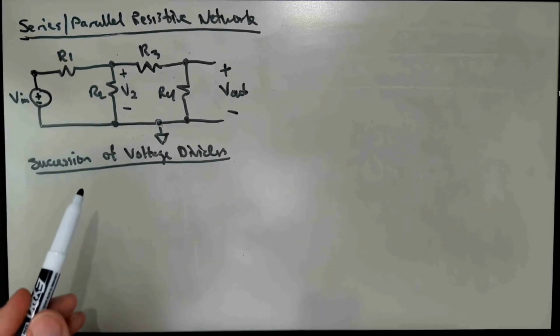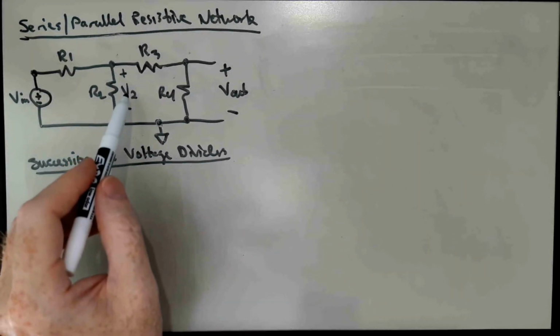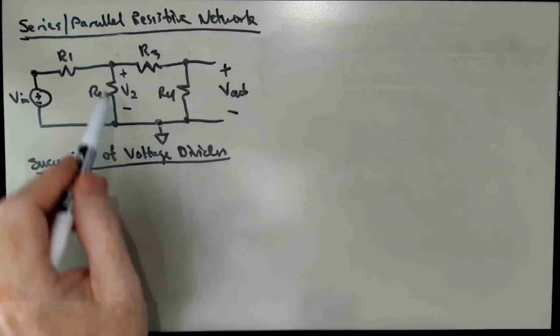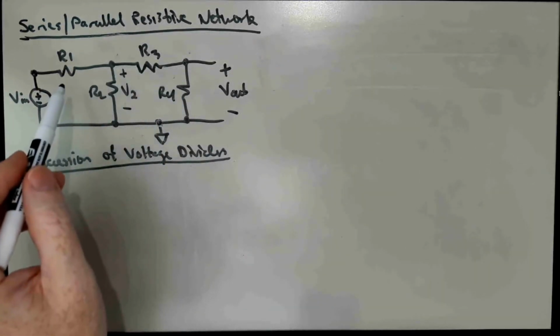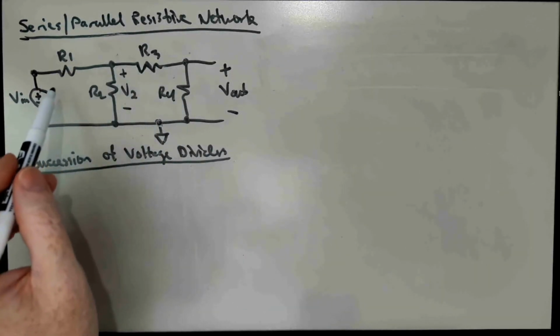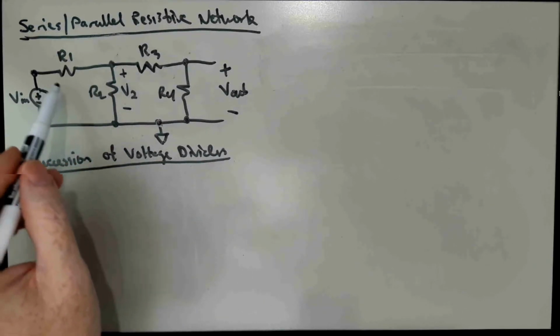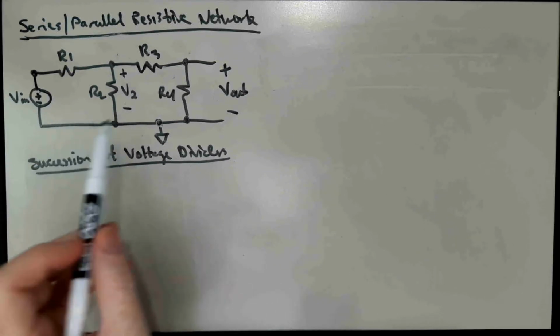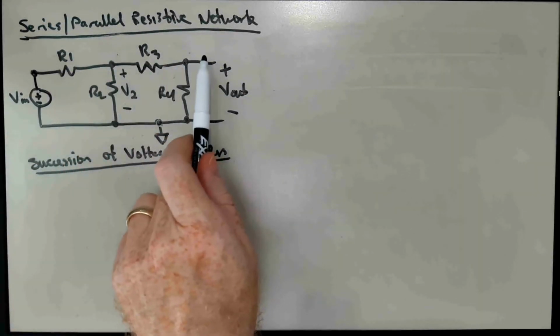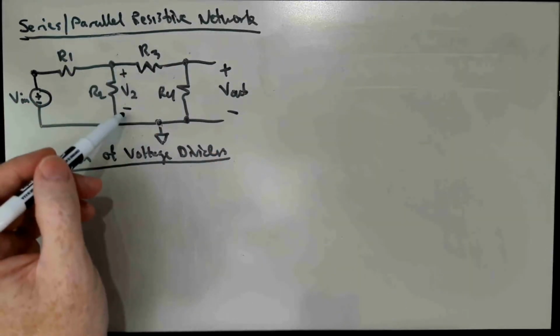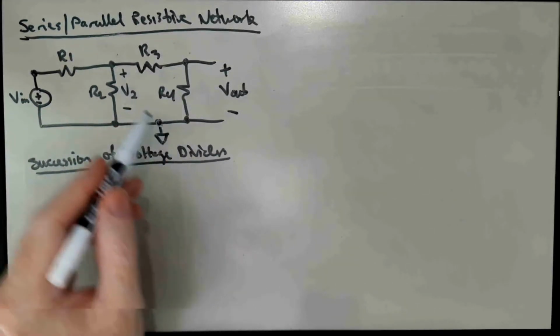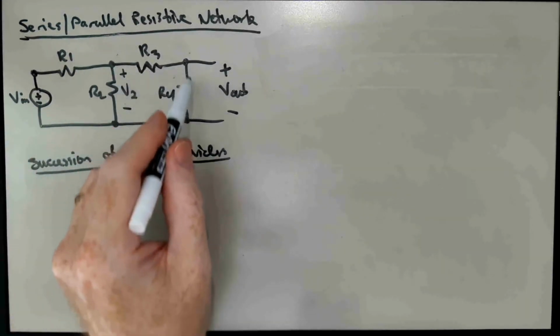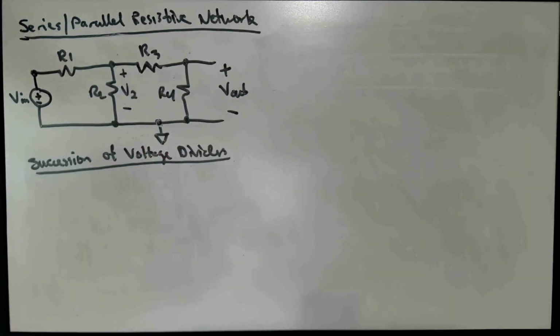And so I can get V2 by collapsing these resistors into a single equivalent resistor and writing down V2 using one voltage divider ratio. And then I could imagine re-expanding this out once I know V2 and write down V out as V2 times that second voltage divider. Okay?